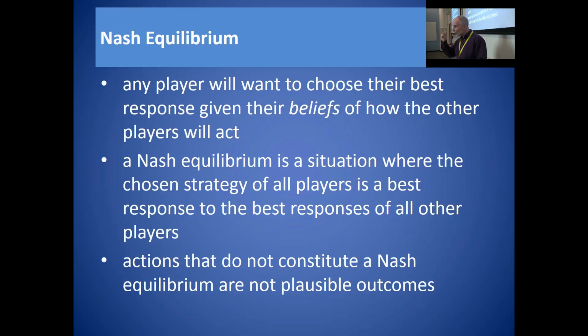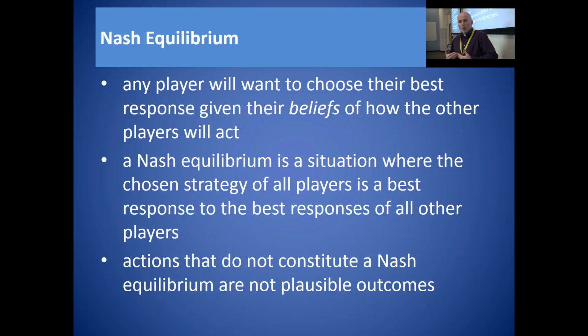It means at least one of the players is choosing a strategy that is not a best response. So if that player is doing something that is not optimal, what incentive will they have? They will have an incentive to change, to do something else. And if they're going to change, we cannot have an equilibrium outcome. Hence, an outcome that is not a Nash equilibrium is not plausible.